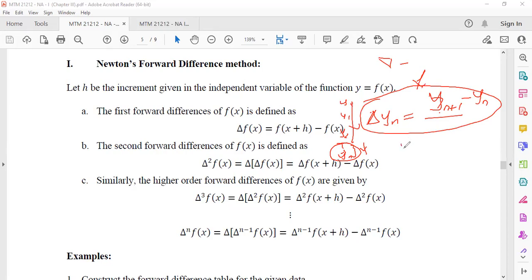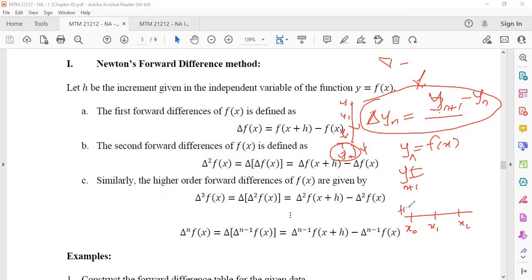Similarly, if y is equal to f(x), what is the next y? So for example, let's say y at x, and the increment will be the next point. Let's say yn is equal to f(x). What about yn plus 1? As I said to you, this is x0, this is x1, this is x2.